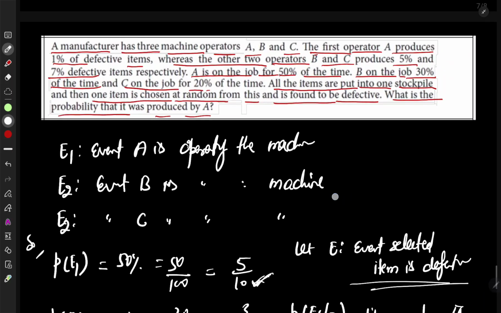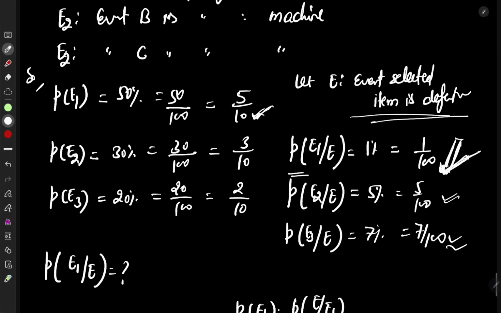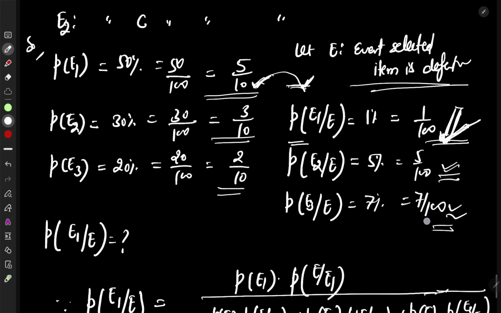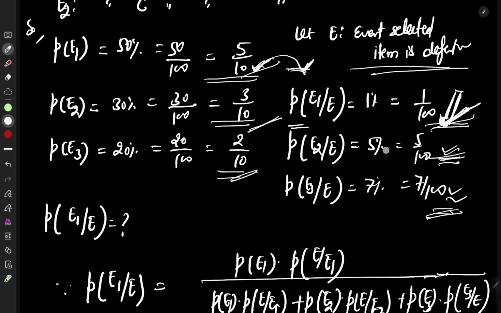Also very clear, again I am telling you. See, first of all, what is the availability probability of A, B, C when they are operating? Now when they are operating, what is the percentage of production which are defective items? So the total probability to produce a defective item is this into this plus this into this plus this into this. Also very clear.